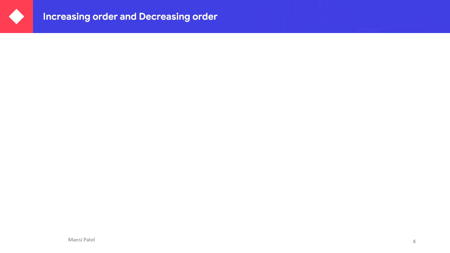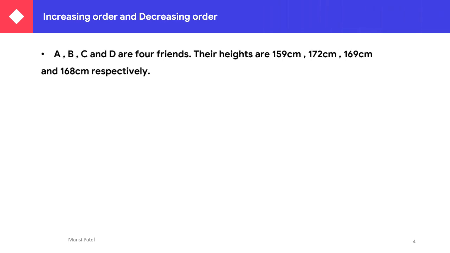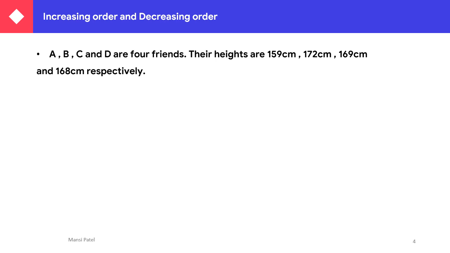Do you know what is the increasing order and decreasing order? Let us see here with the help of one example. Here A, B, C and D are four friends. Their heights are 159 centimeter, 172 centimeter, 169 centimeter and 168 centimeter respectively.